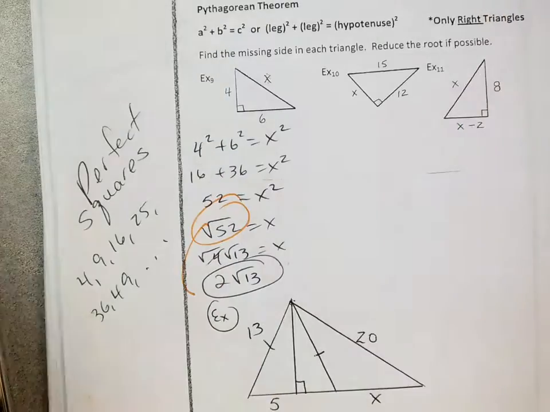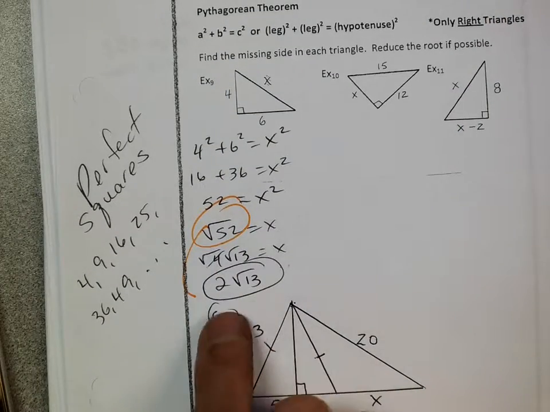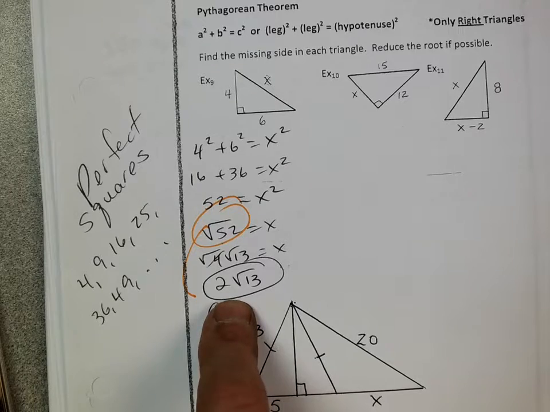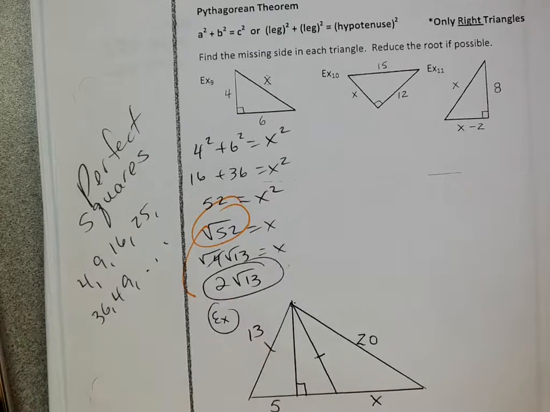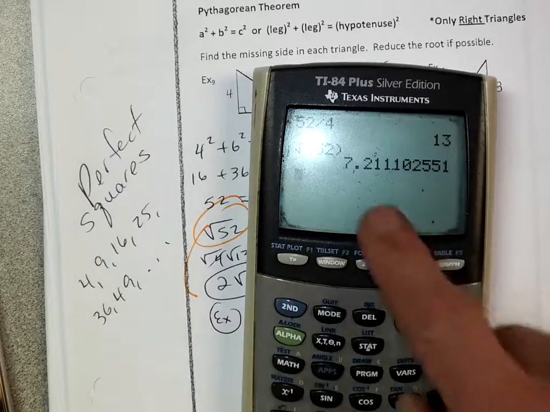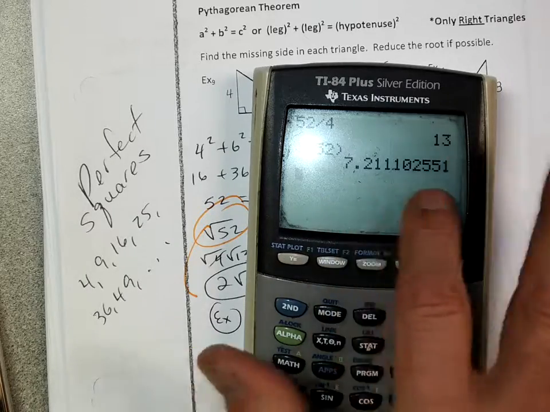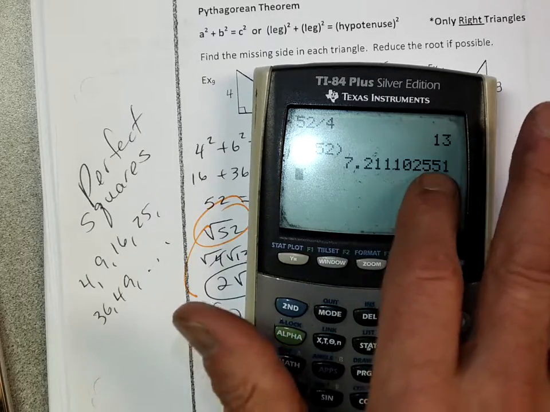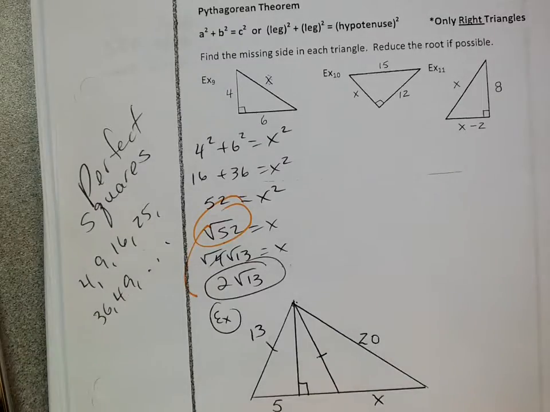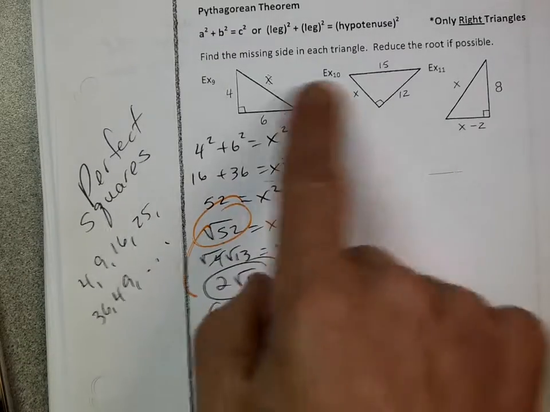So math teachers like this answer, or better yet, we like this answer. However, if it's a story problem or an application, we actually need to know how far am I going? 7.2 miles, okay? Does that make sense? If it's a story problem or an application, we need a real number that we can make sense of, okay? And I'll take any of those numbers. You okay with that? But you've got to know what you're doing, okay?